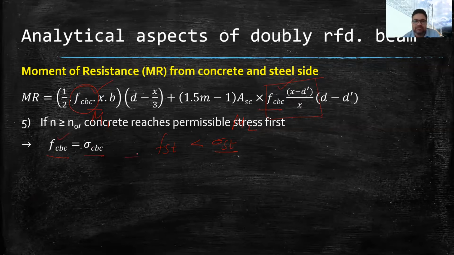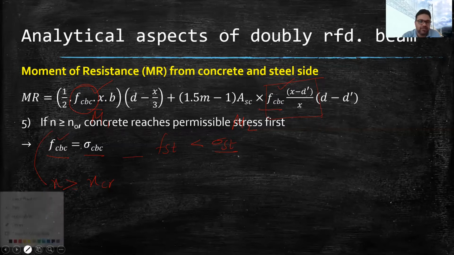So that is the condition when the section will become an over reinforced section. So when n is greater than or equal to n naught, or in other words when x is greater than or equal to XCR, then the section will become over reinforced. If it is equal to XCR, then it will be balanced. If it is more than XCR, it will be over reinforced. So in both cases, FCBC will be equal to sigma CBC.